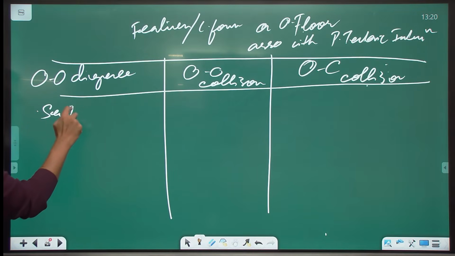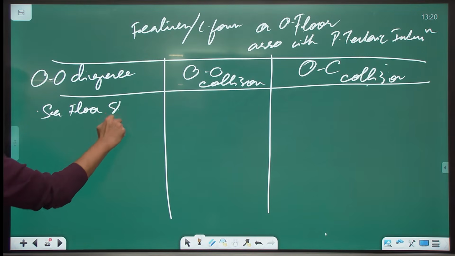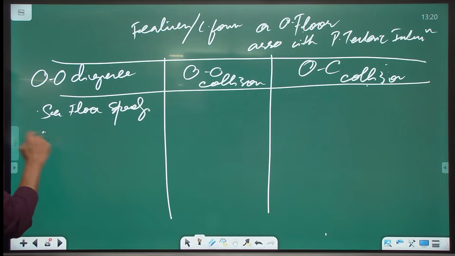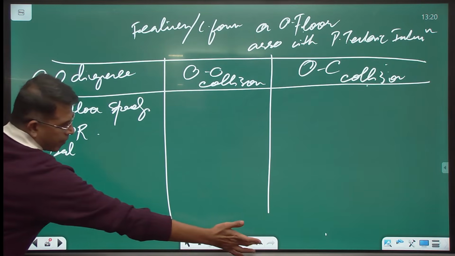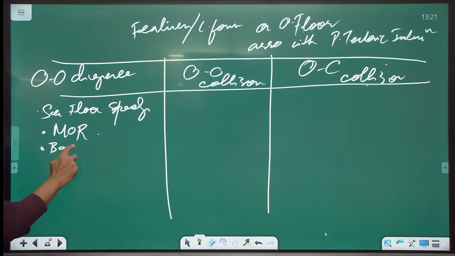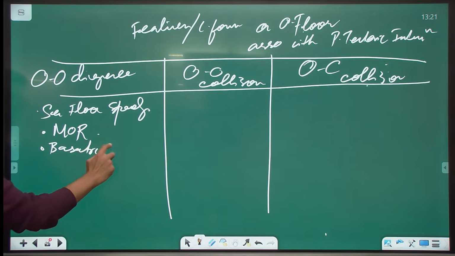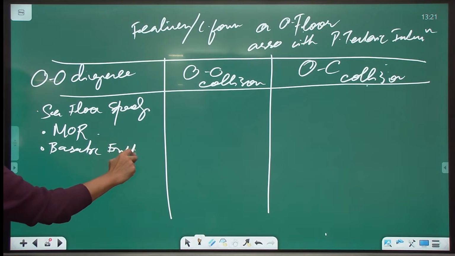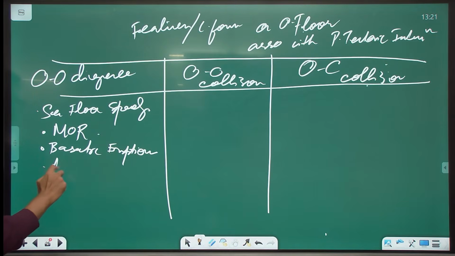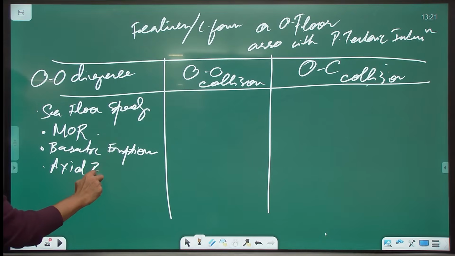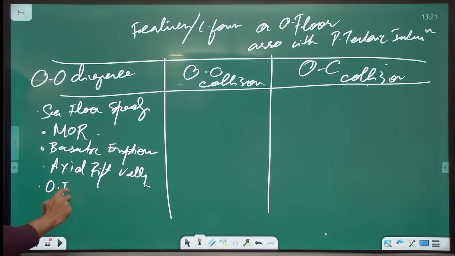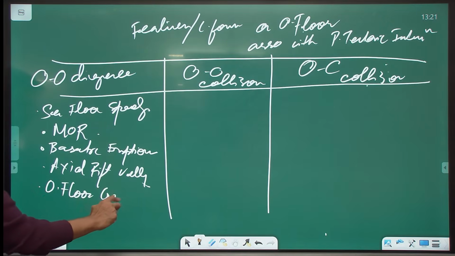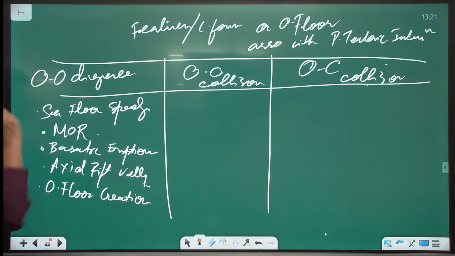This is sea floor spreading. We have the mid-ocean ridge formation, basaltic eruptions, axial rift valley, and ocean floor creation.